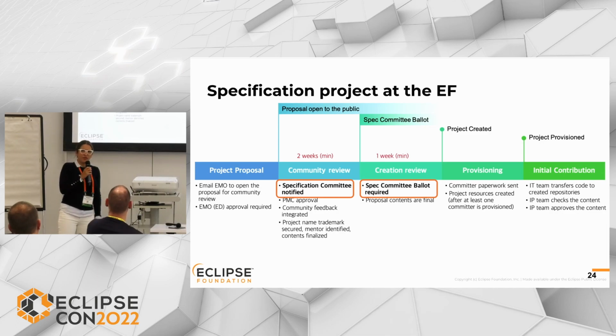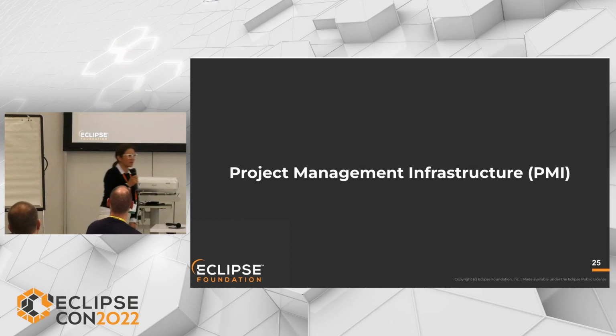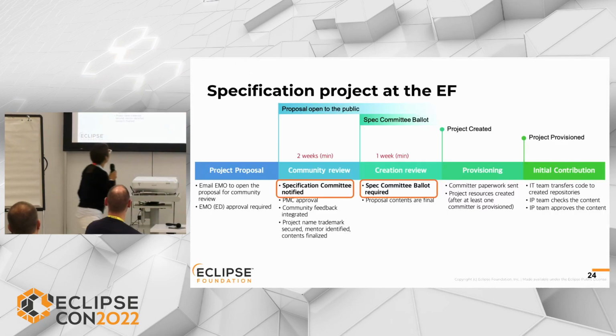Is anyone here from a specification project? No, okay. There is only a slight difference, but I guess it's in the slides. There is some ballot, some voting requirement added. So the only difference with the process is that we need to notify the specification committee when you propose a project that includes the implementation of a specification.